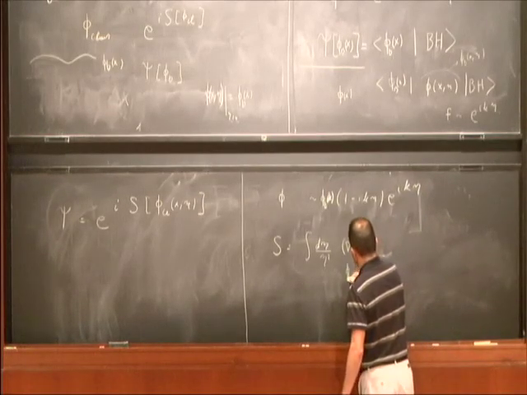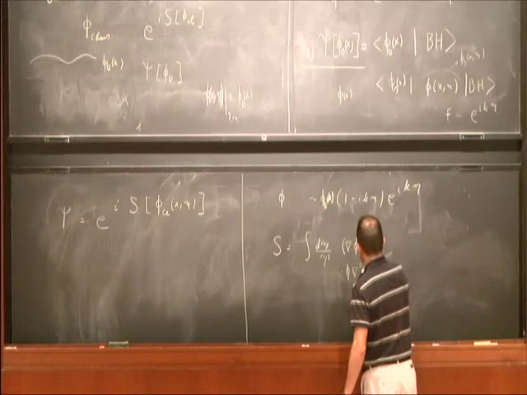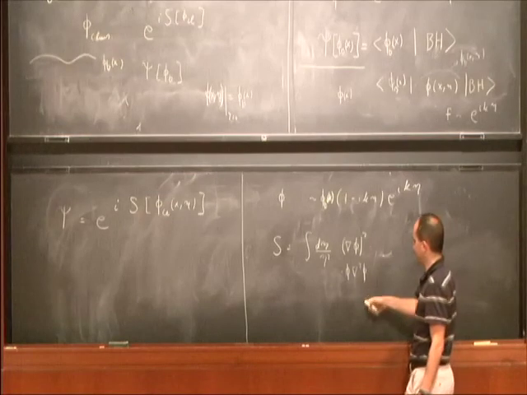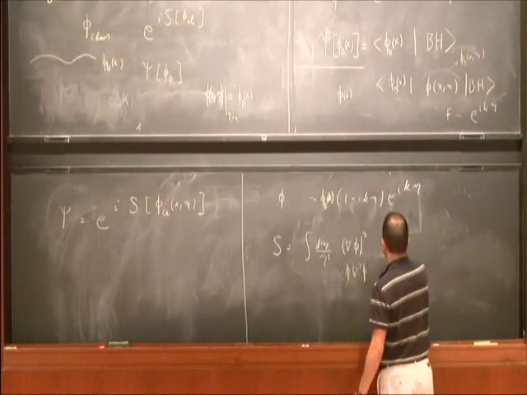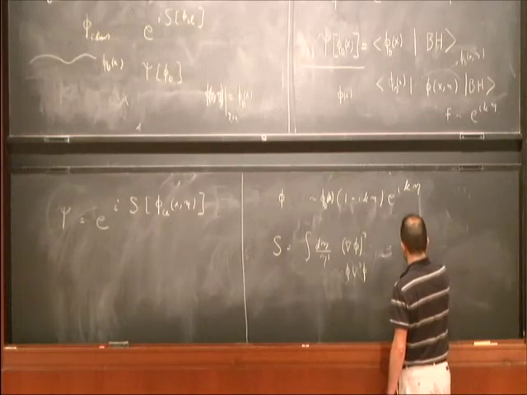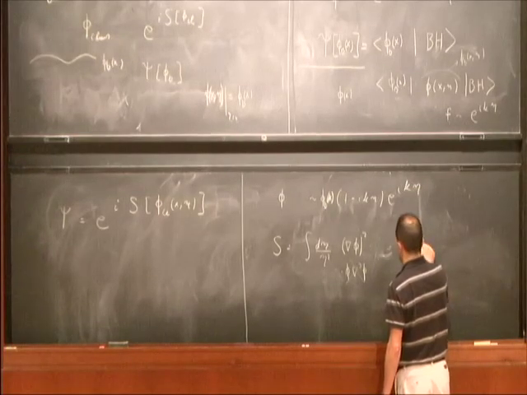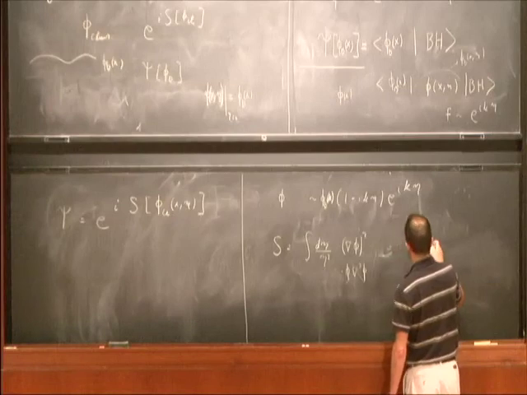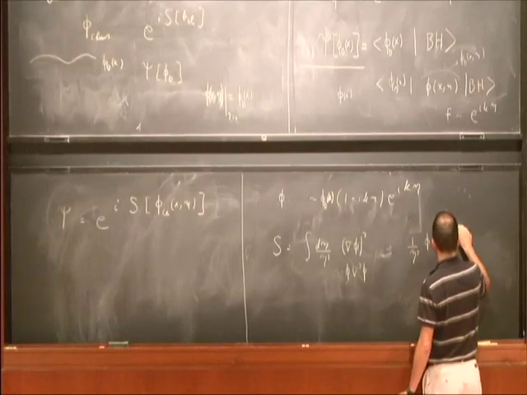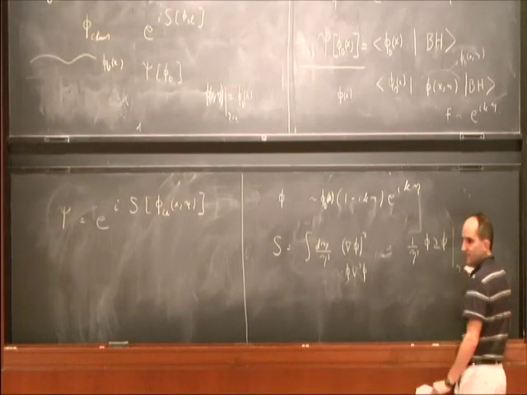So there is a term where we take the gradient acting on the other field, but since we're evaluating on a classical solution, this will be 0. And so this whole thing will be simply a boundary term of the form 1 over eta squared phi d eta phi, all evaluated at eta equal to 0.